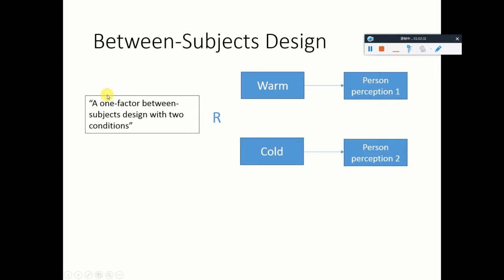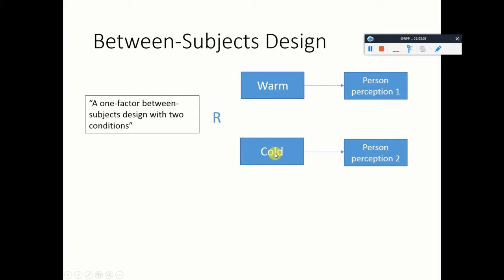So we'll call this design a one factor between subject design with two conditions. The one factor here is interpersonal warmth, right? And it has two conditions because we make it take two values, warm and cold. It is a between subject design because we assign different people into these two groups. In other words, participants in this condition will never be assigned to this condition, and vice versa, right?